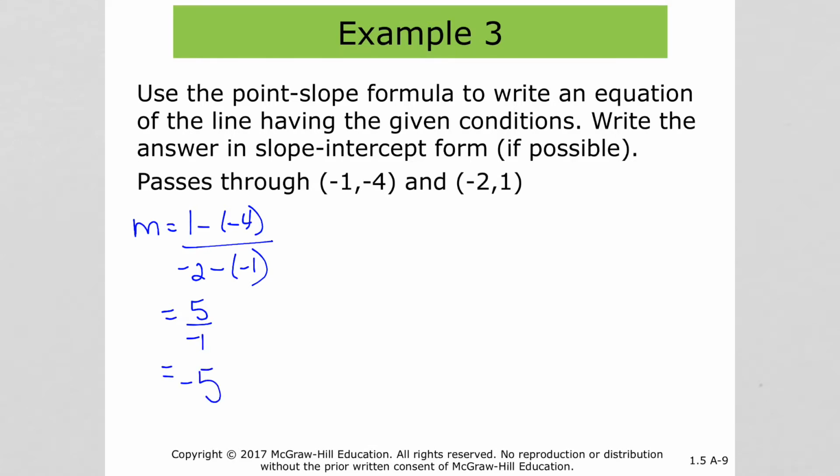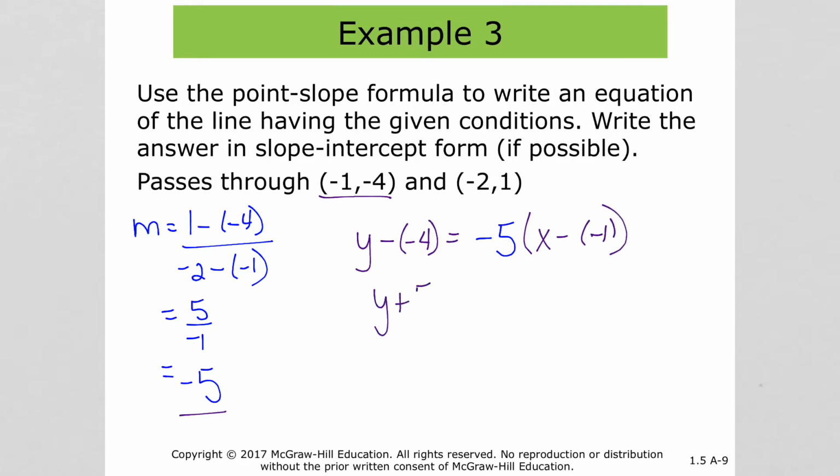And then we can write this in point slope form using one of the points and the slope that we've just found. So y minus our y value equals our slope times x minus our x value. And, oh, that's not a 5, that's a 4. So we've got y plus 4 equals negative 5 times x plus 1.